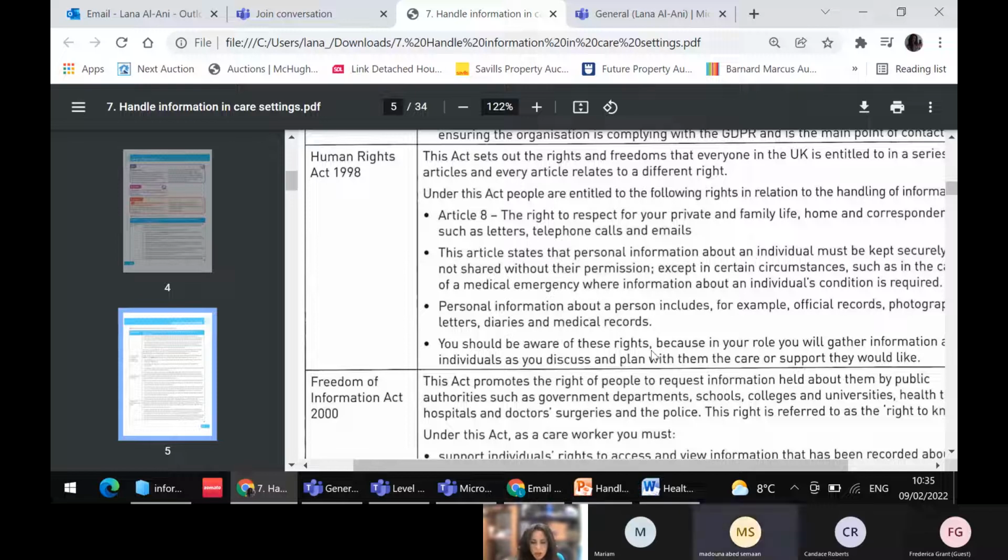And also you shouldn't discuss or gather any personal information without knowing the rights of the people and also getting consent from them. So is this understood? Yes.